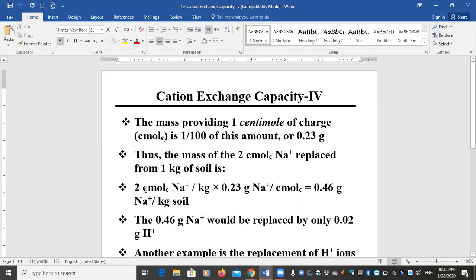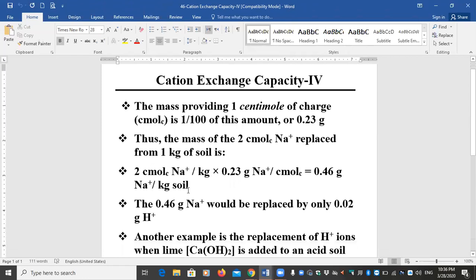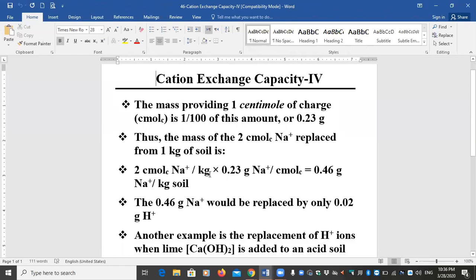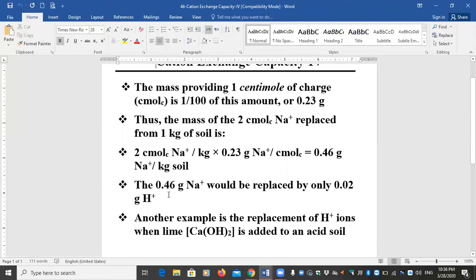So the 2 centimole, 2 times 0.23 gram will give us 0.46 grams of sodium ions per kilogram of soil. So that's the answer to what is the mass of sodium that was replaced. So it is 0.46 gram. The 0.46 gram sodium would be replaced by only 0.02 grams of hydrogen, if they want to replace it back again, the sodium with hydrogen.